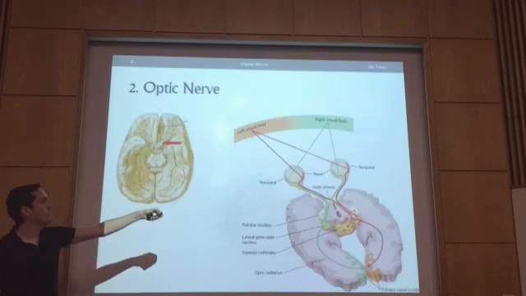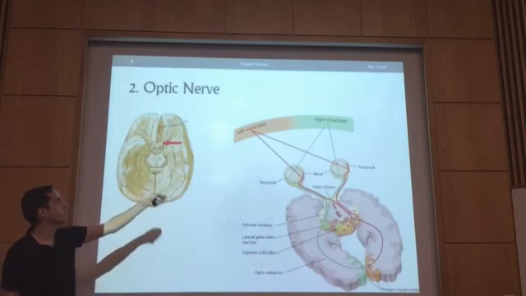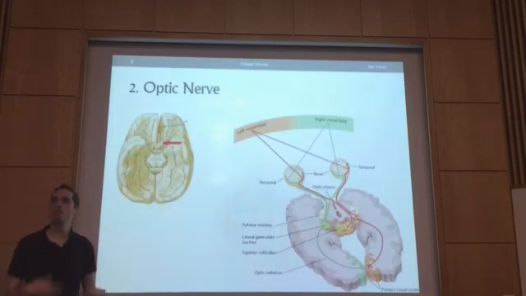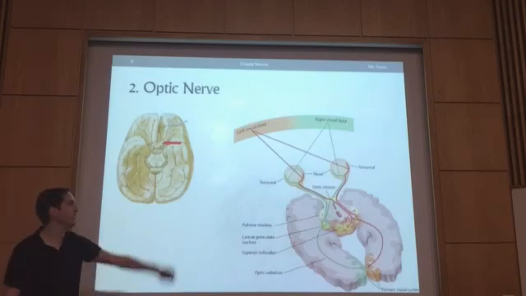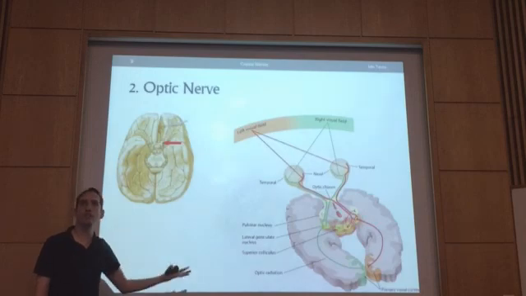So the right eye gets information from the left visual field. This information is already contralateral at the level of the eye, so it doesn't have to shift to the other side of the brain.